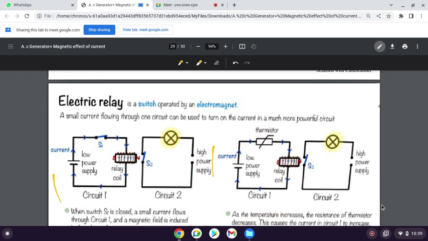Yes. So that small current induces a magnetic field in the relay coil, and the magnetic field attracts switch 2. It is now attracted towards switch 2, causing it to open the circuit. This allows a high current to flow in a circuit, causing a light bulb to turn on as the temperature increases the resistance of a thermistor.